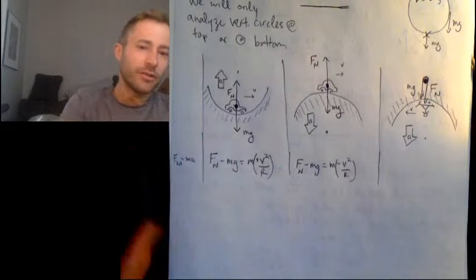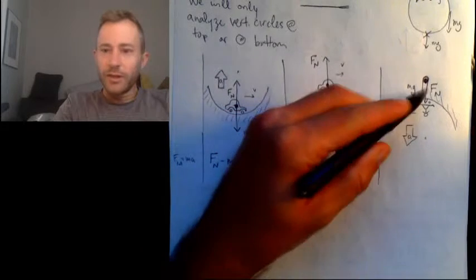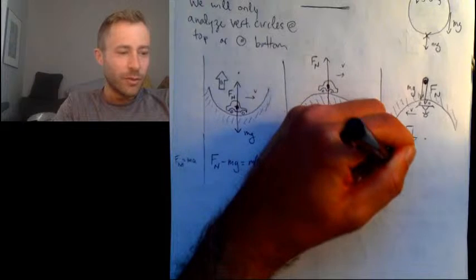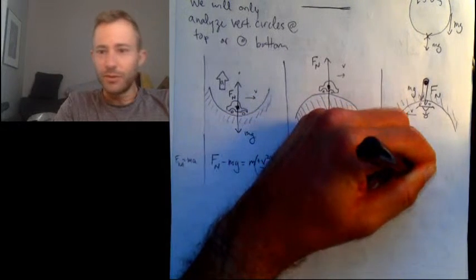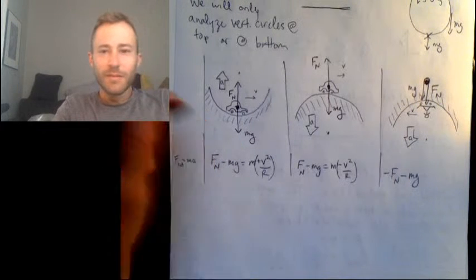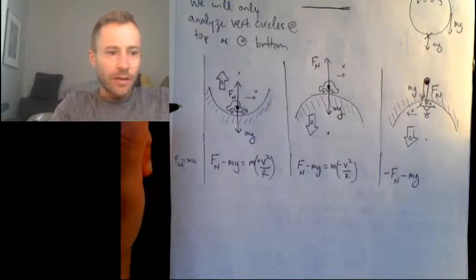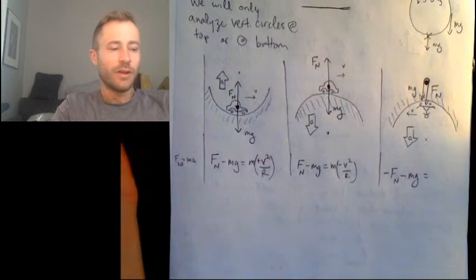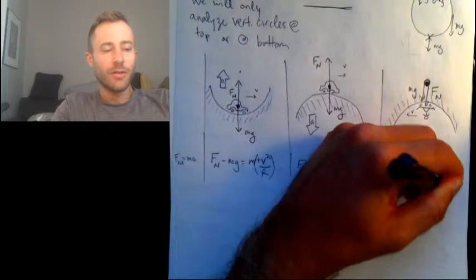Okay, no one wants to answer it. Okay, fine. The net force in this case, because they're both pointed downward, is going to be minus normal force minus mg. Oh, just in the nick of time. Great job. Okay, very good. And then the acceleration also points downward. So it's going to be negative v squared over r.